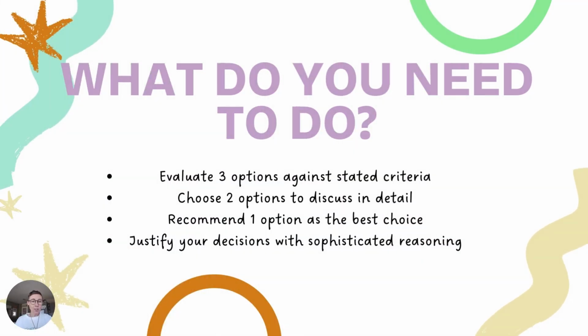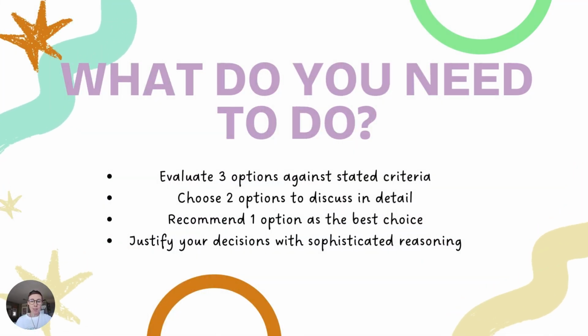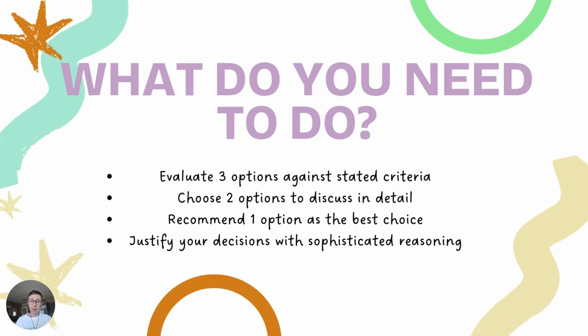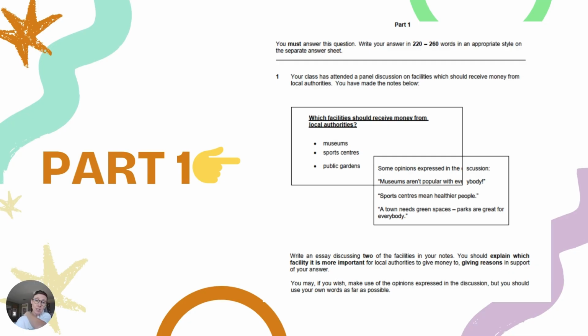So what do you need to do? What is the examiner asking you to do? You're being asked to evaluate 3 options against stated criteria. In the case of this question, the criteria is which facility should receive money from local authorities.